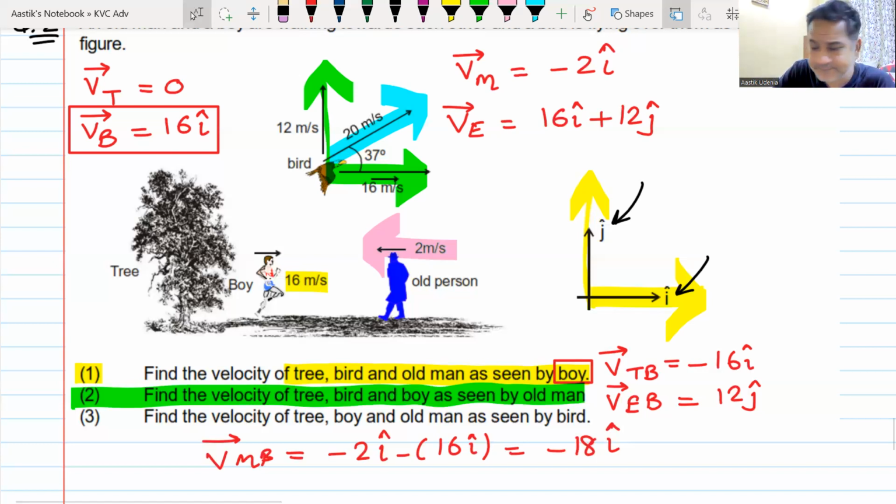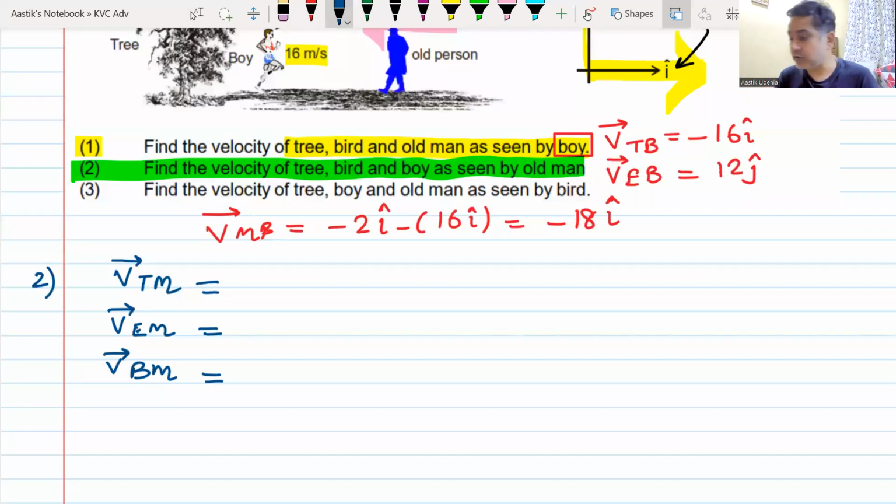Do you have your answers? Okay. So the first one, velocity of tree with respect to the man. Plus 2 I cap. So the tree will appear coming like this. It does not happen actually, but this is how the man will feel.